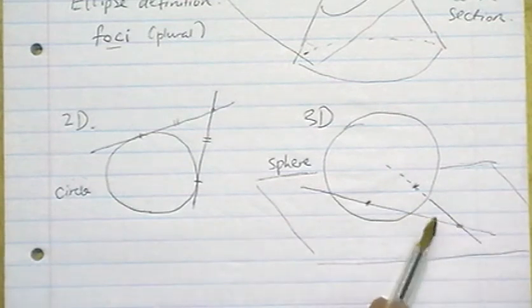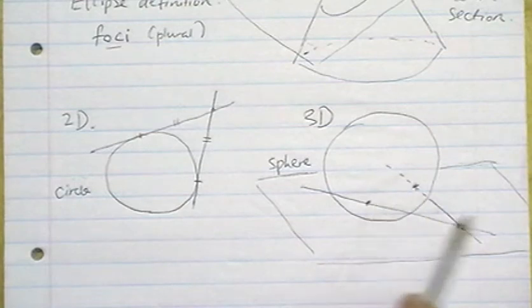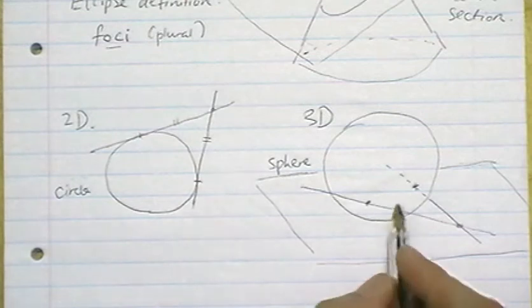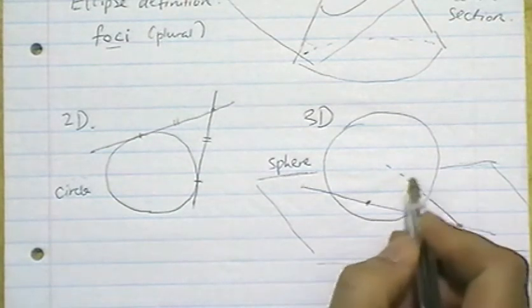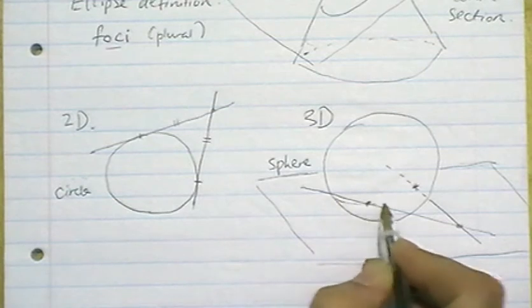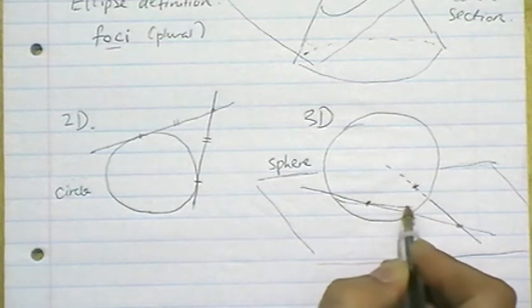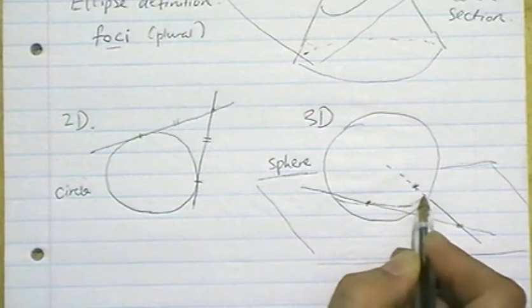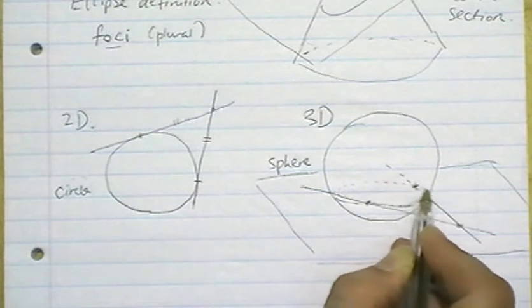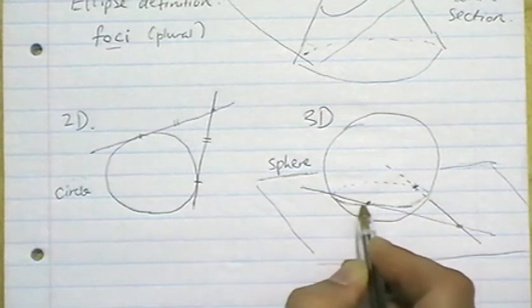And now since the two lines are touching here, this plane clearly cuts through the sphere. And it would cut out a circle that looks something like this.